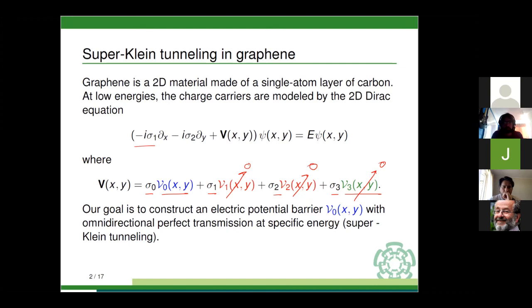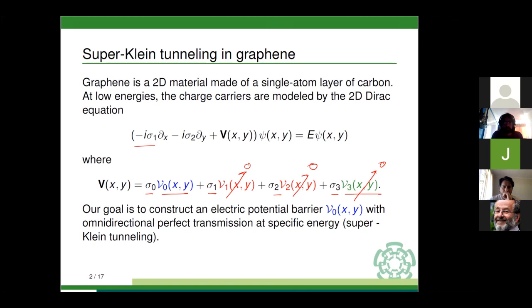And if I remember, the corresponding potential barrier is perfectly transparent when the particle arrives in the direction perpendicular to the potential. But if the incident angle is different from pi over 2, there are some reflected waves. So maybe I'm confused. Can you comment on this point?